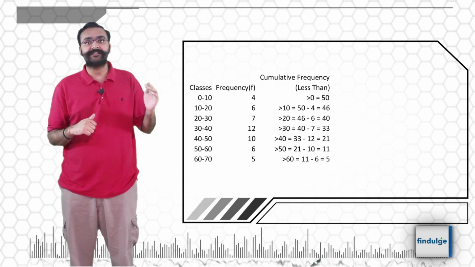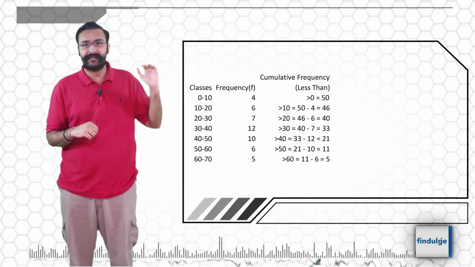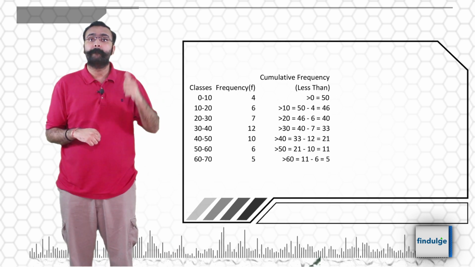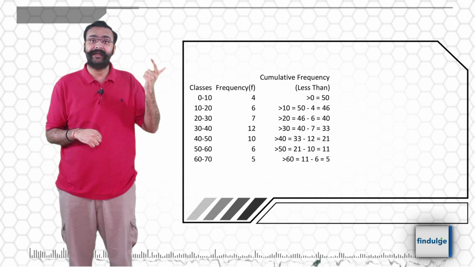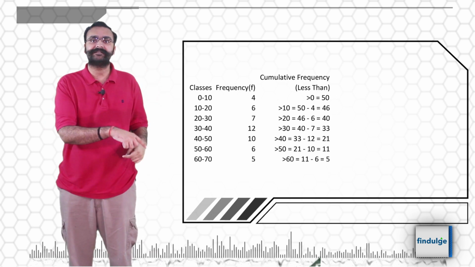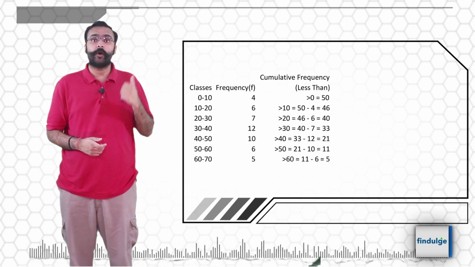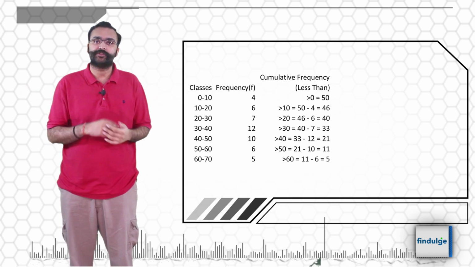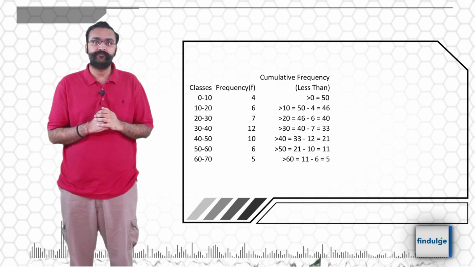So for less than, we started with less than 10, less than 20, 30, 40. Here you're going to go more than 0, more than 10, more than 20, more than the last lower limit. So obviously more than 0 is just all the observations. So you add all of them up.